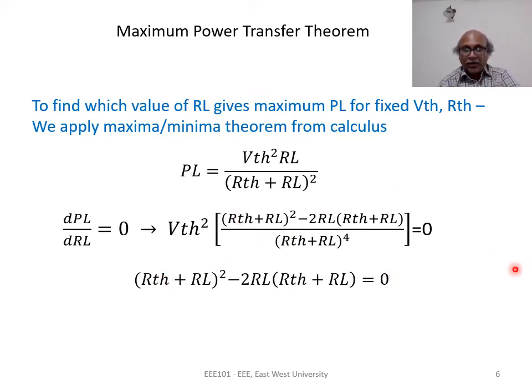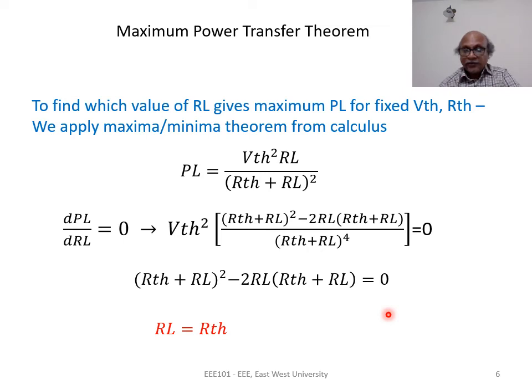This is a simple second order equation, and solving it, we find that RL is equal to RTh. That means the load will receive maximum power from the fixed two-terminal linear circuit when the load resistance is equal to the Thevenin's equivalent resistance of the two-terminal circuit.